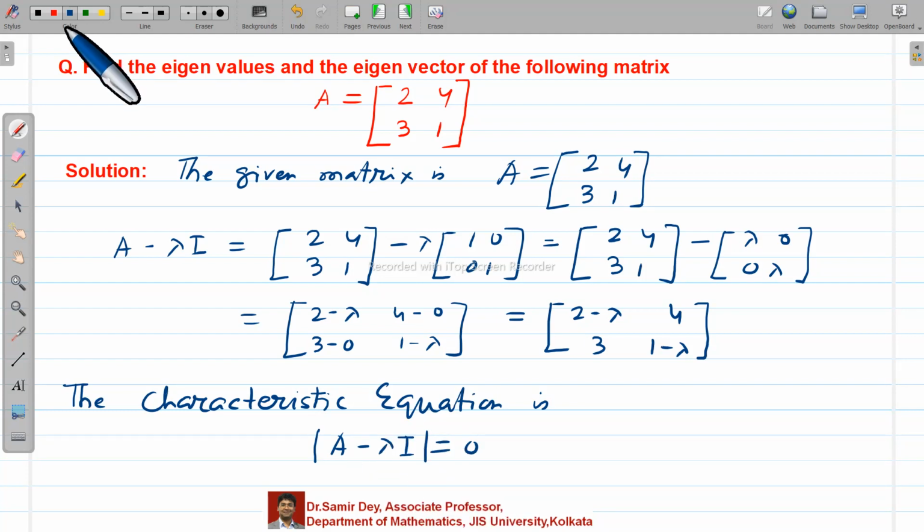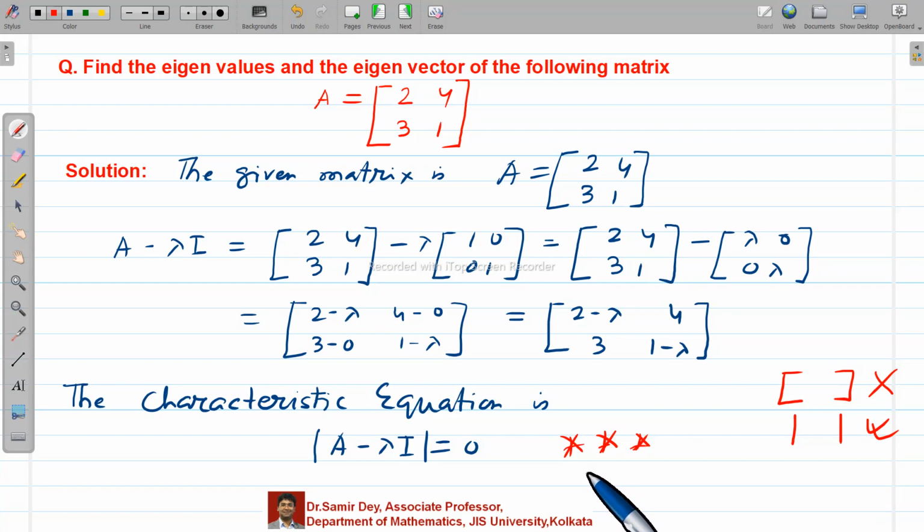So please, you need to write it not in box form but as a determinant. If you write like a box, then it is a matrix, not a determinant. So please make sure you are using the determinant structure. This is not correct. This is the correct one. That's why I have marked here a triple star. That means this is the most important line. Okay, so I think it is clear.